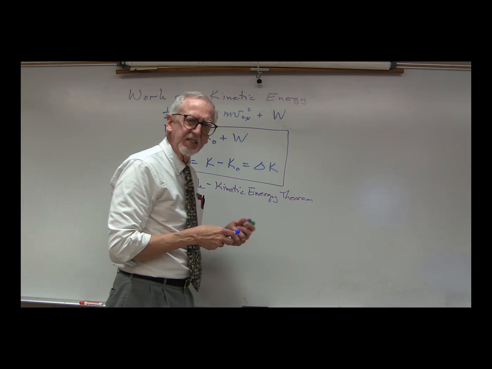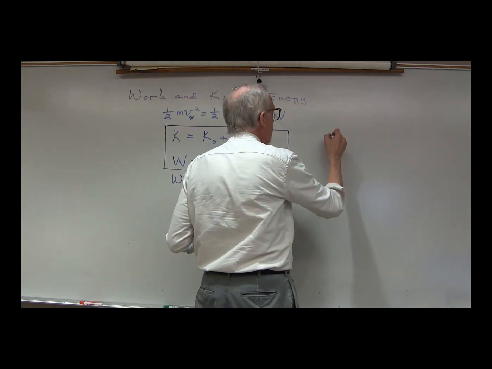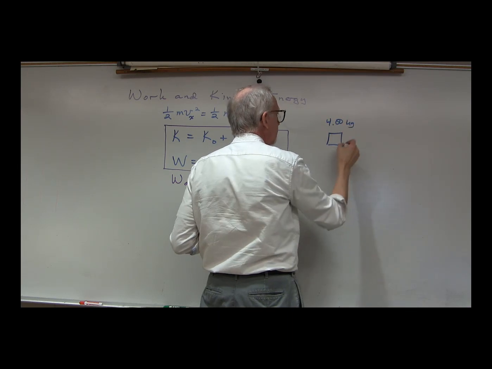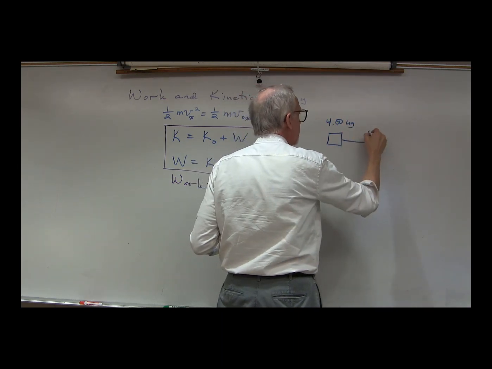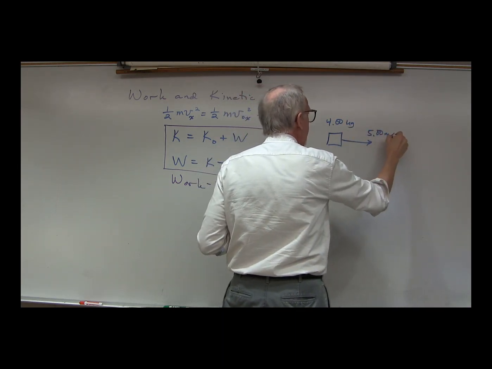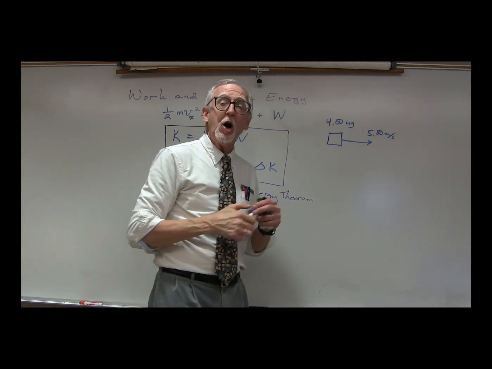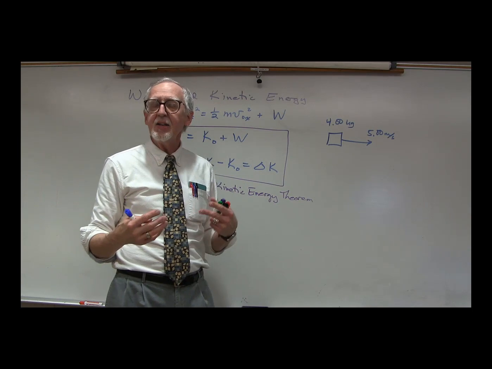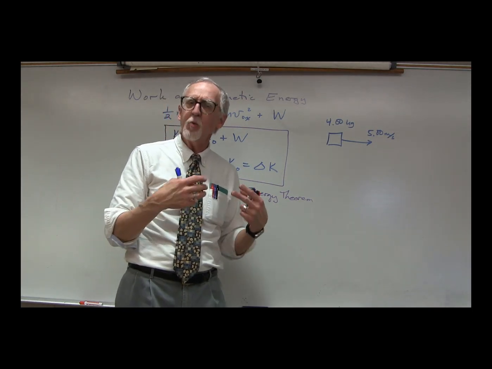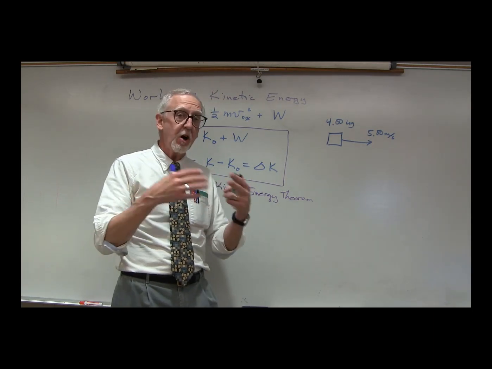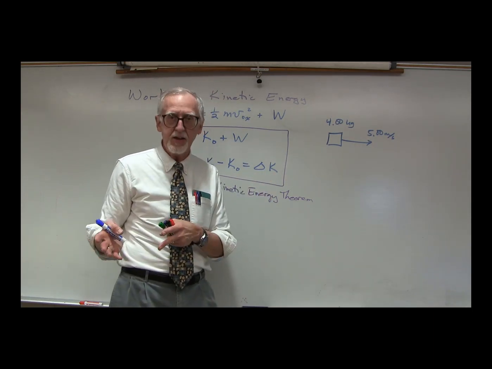So let's stick some numbers in here. Let's imagine we have an object with, let's say, a mass of 4 kilograms, and let's imagine it's moving along at 5 meters per second. This object, because it's moving, has a certain amount of energy. Now, what is energy? Energy is kind of a nebulous quantity, and we're going to be talking about different kinds of energy.